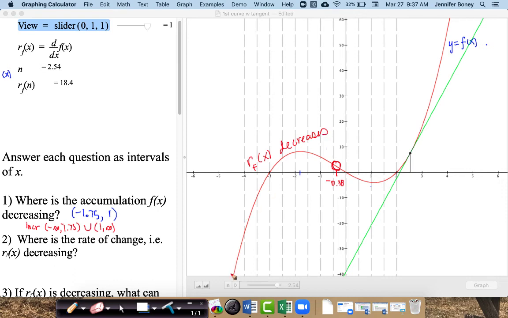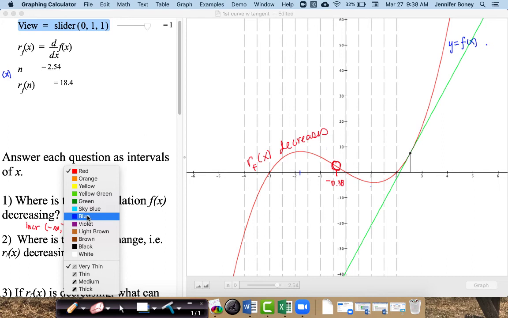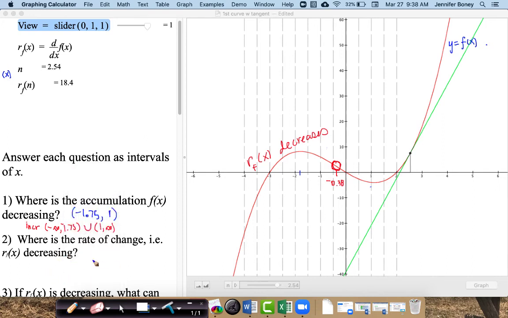It goes from a very high positive to a lower positive to 0 to negative to more negative until we get to here. That's a decreasing sequence of values. So let me put this back in blue, the blue answering the actual questions. So where is it decreasing? From -infinity up through -0.38.